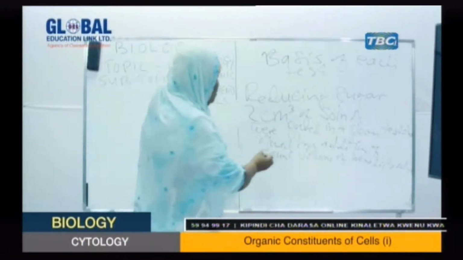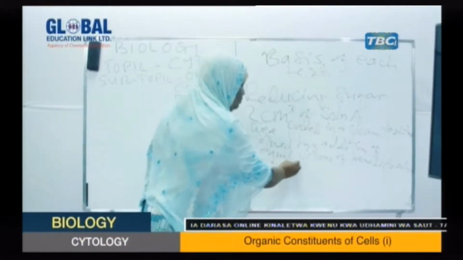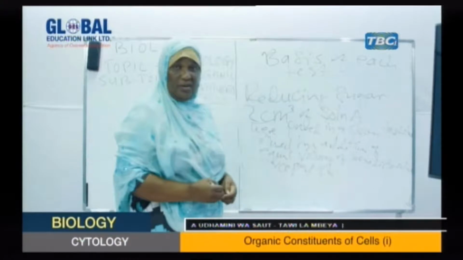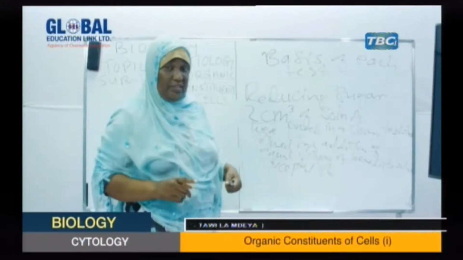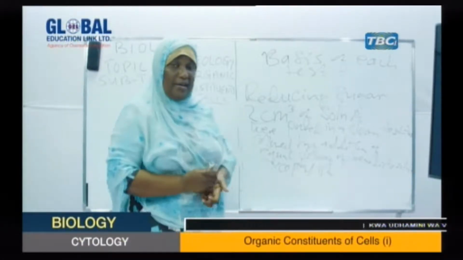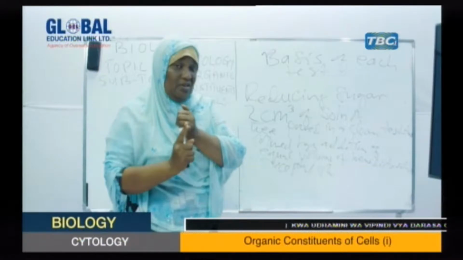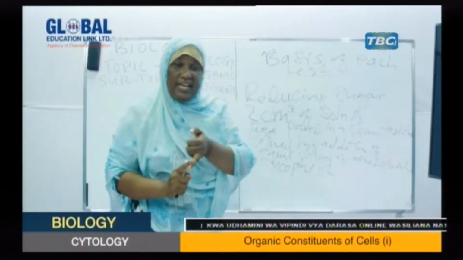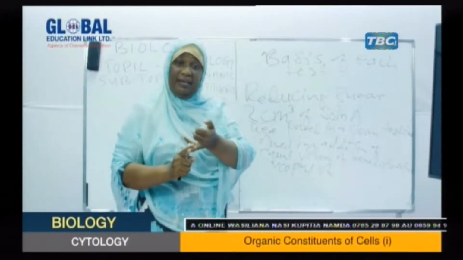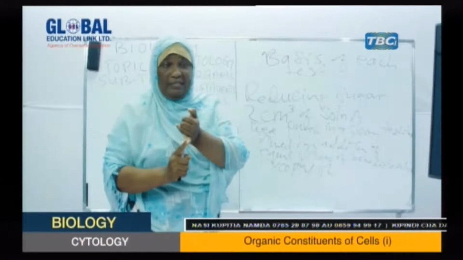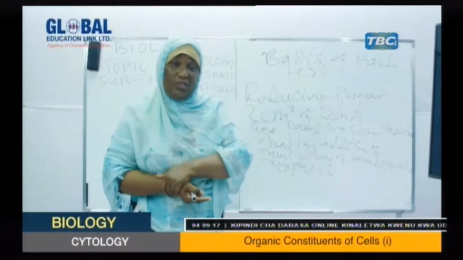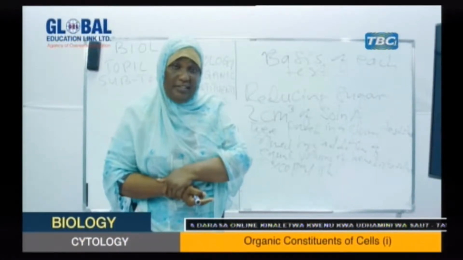You also know the expected observations. Here, you expect 2 things: whether to get a positive result or to get negative results. If reducing sugar is there, you can get positive results. If reducing sugar is not there, then obviously you can get negative results.